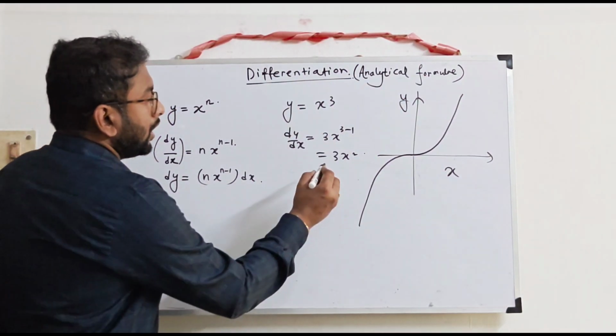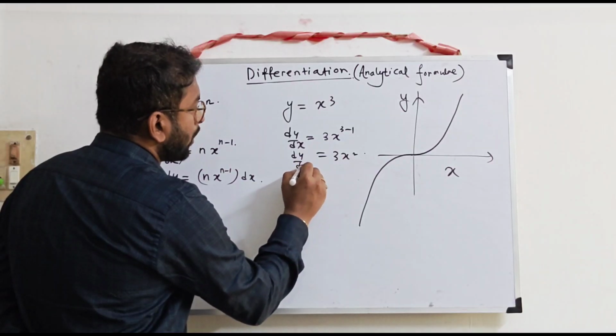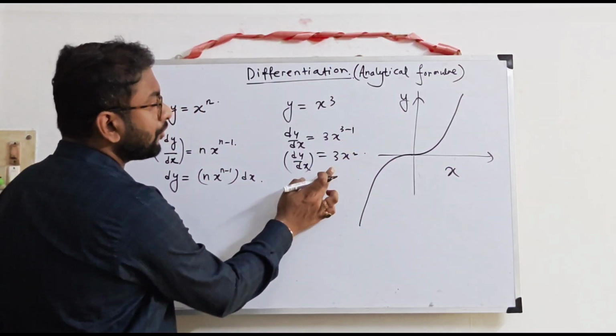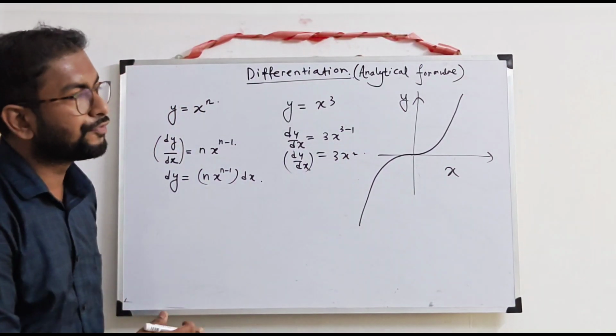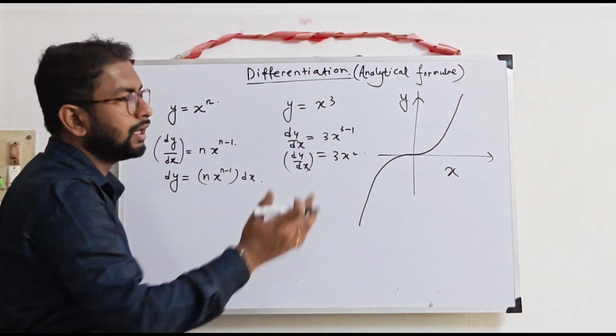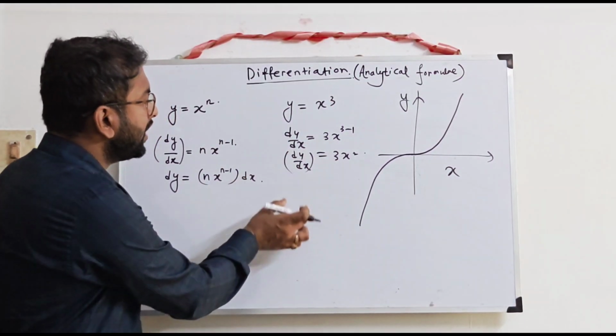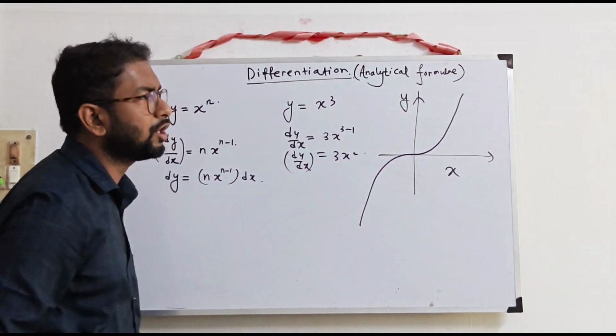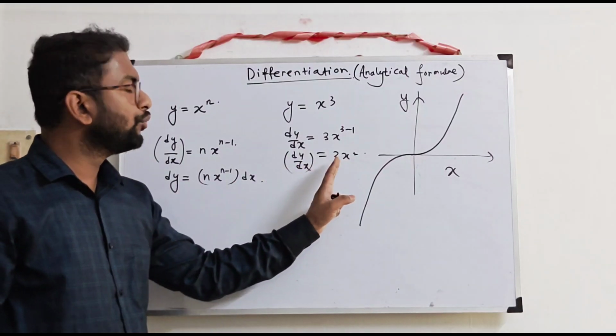Now see, this dy by dx, or the slope of the graph, is a function of x again. y was a function of x, as y was varying as x to the power 3, but dy by dx, the slope of the graph, is also a function of x. So slope changes with x.